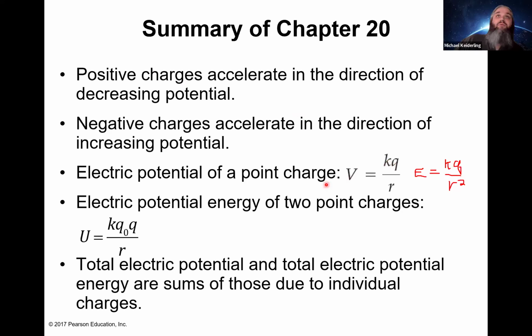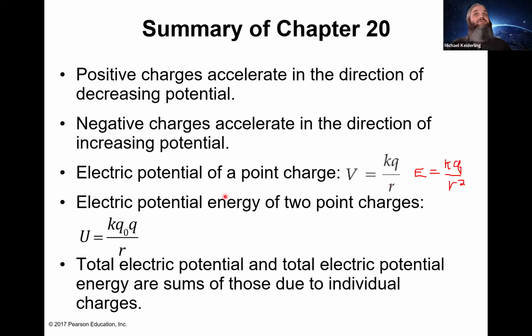The electric potential of a point charge, V, is KQ over R. Compare that to the electric field, which is KQ over R squared. To get the voltage, you take an integral of the electric field, and so you go from radius squared to radius.